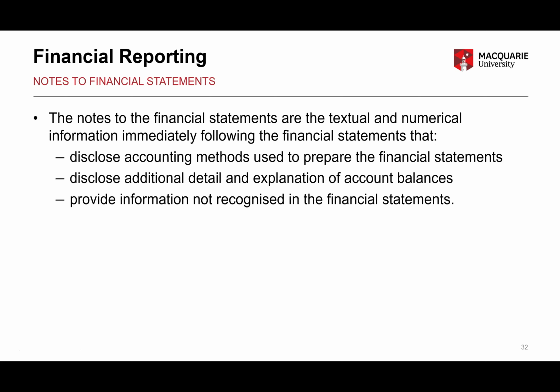When we have a look at Woolworths, you'll see this: next to the property, plant and equipment in the balance sheet, there'll be a number. These items are numbered 1, 2, 3, 4, 5, and then we can look at the footnotes to see more detail.